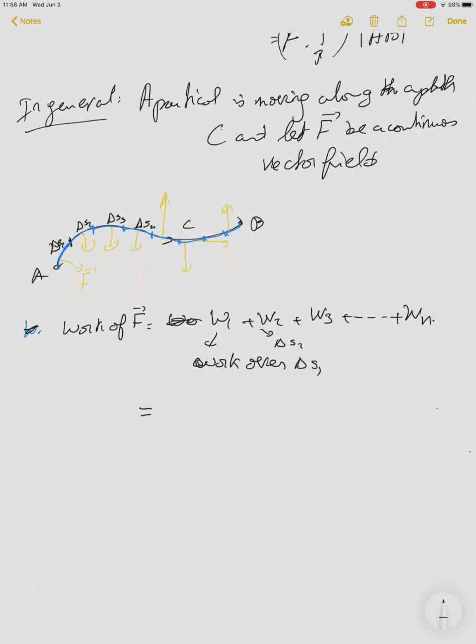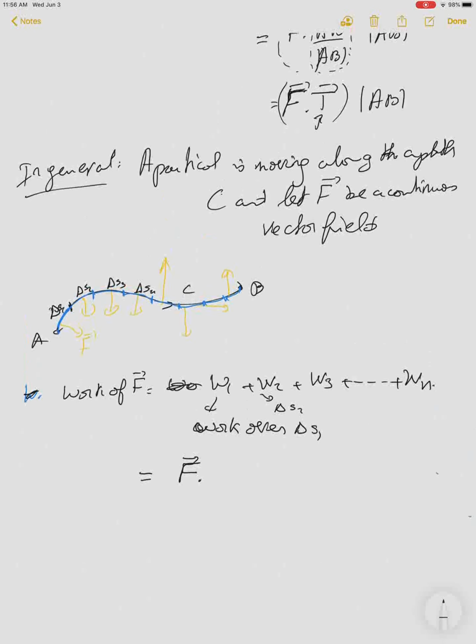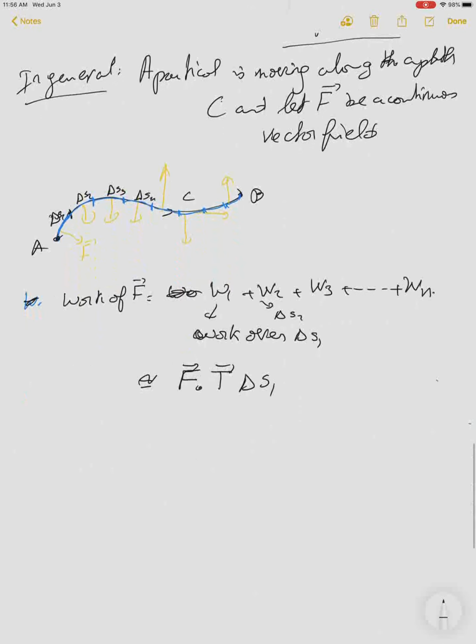Now I know that the work over delta S1 is F, as I used before, dotted with T, times now the distance from this point to this point, delta S1. So this is approximately plus force dotted with T, but here the tangent is different, times delta S2, plus F dotted with T times delta Sn.